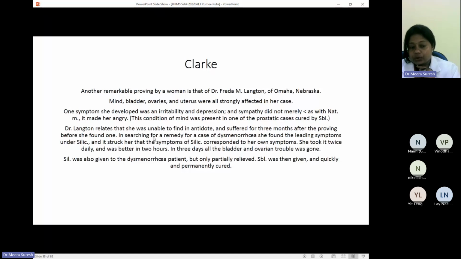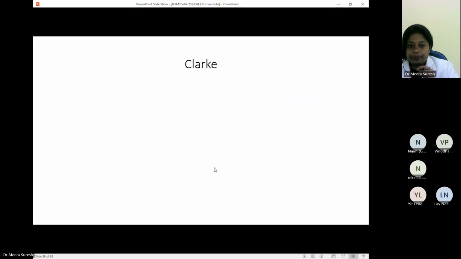Langton relates that she was unable to find an antidote and suffered for 3 months after the proving before she found one. Initially she used Silicea and was okay with that, but when the symptoms came up again, the bladder and ovarian trouble was gone, but the symptoms were only partially relieved with Silicea. Sabal serrulata was given, and she was completely and permanently cured.